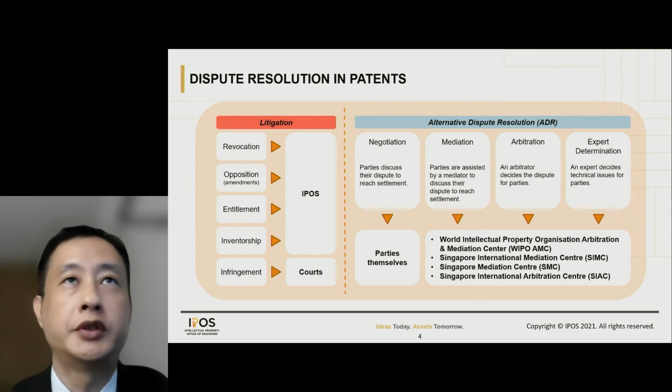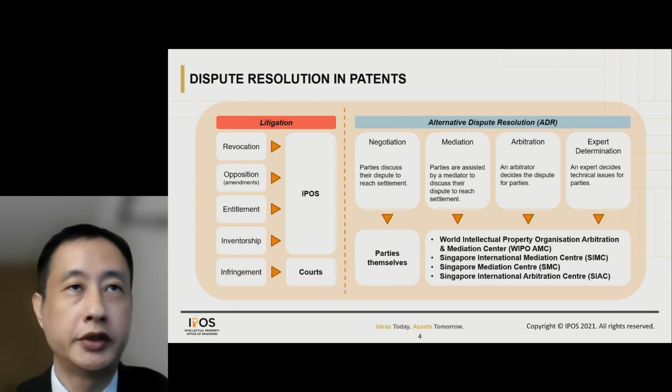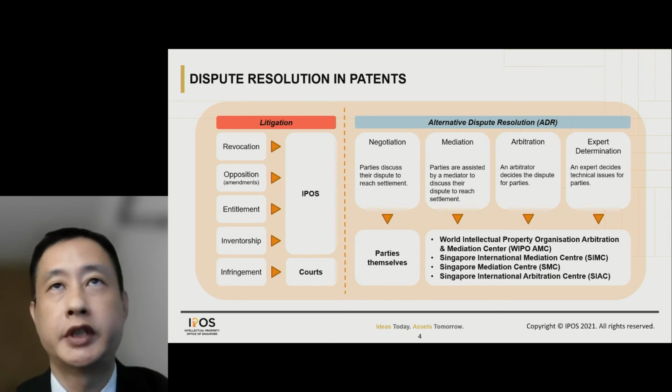In terms of dispute resolution in patents, we have a litigation route where cases of revocation, opposition, entitlement, and inventorship may be heard at IPOS. And all these four, together with infringement, may be heard at the courts. However, there's also an alternative dispute resolution route.